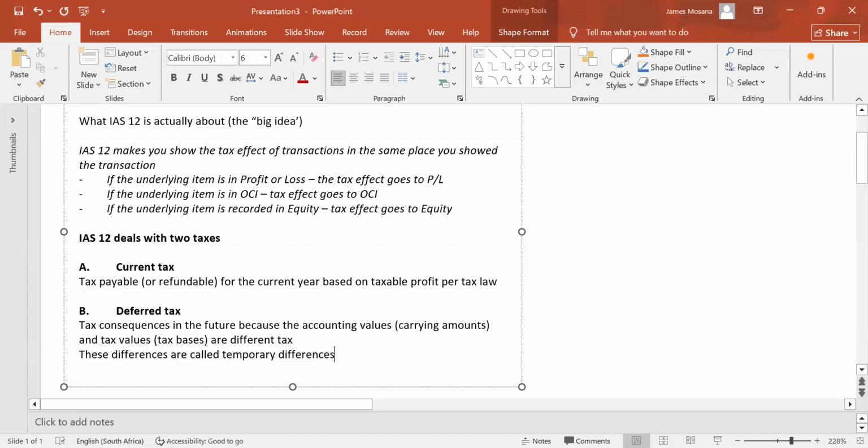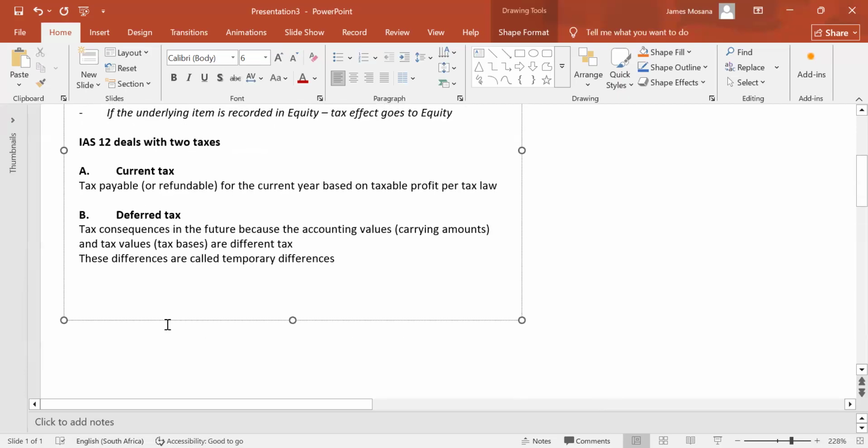Obviously, I am going to elaborate on current tax and deferred tax, because with current tax, the key thing that you're being tested on is calculating the current tax. Since that's the key point that you are being tested on, I am going to give you a way on how to calculate the current tax.